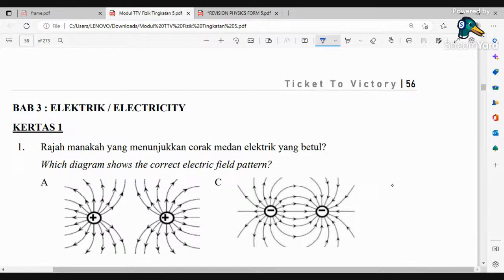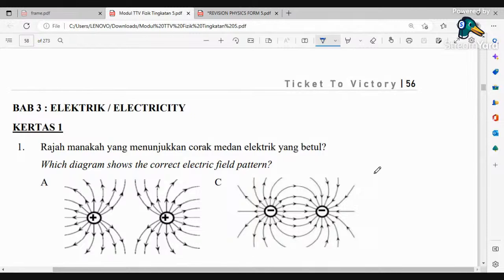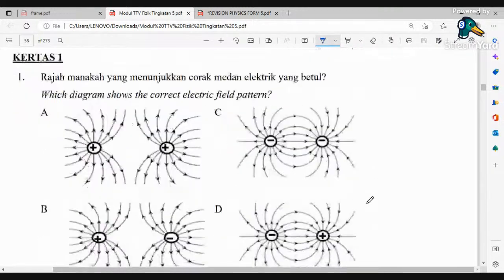Alright, so look at question number 1. Number 1, which diagram shows the correct electric field pattern? If you look at diagram A, B, C, D.